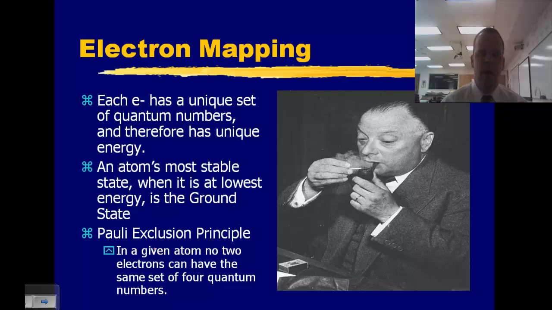This all comes out to something called the Pauli exclusion principle, and this is a picture of Wolfgang Pauli here on the screen. In a given atom, no 2 electrons can have the same set of 4 quantum numbers. Now, an orbital is defined by the principal quantum number (energy level), orbital quantum number (shape), and magnetic (direction). The basic structure of the orbital will be defined by those first 3 quantum numbers.